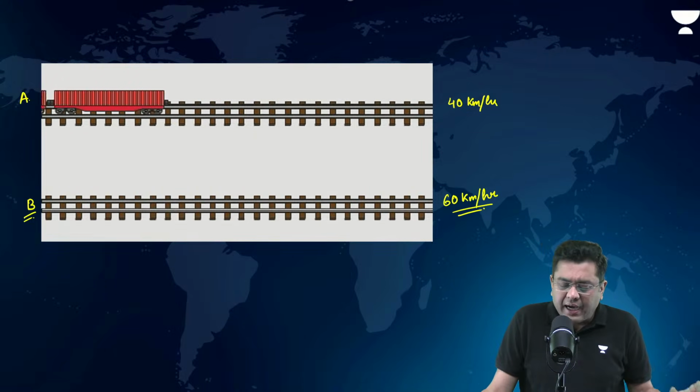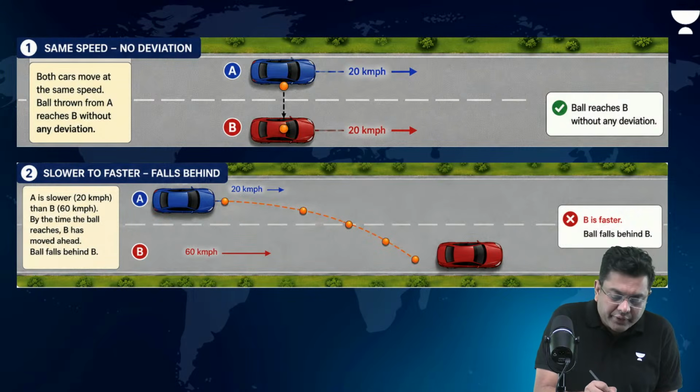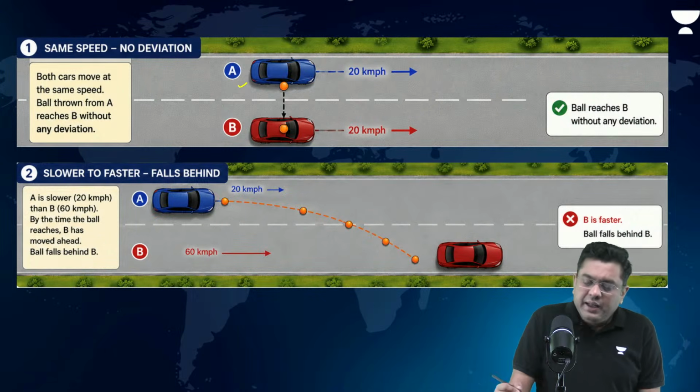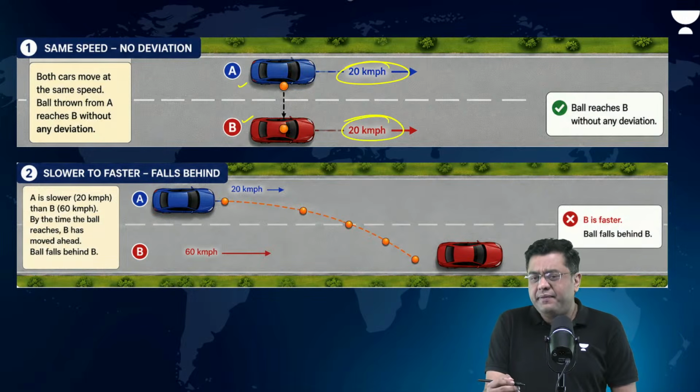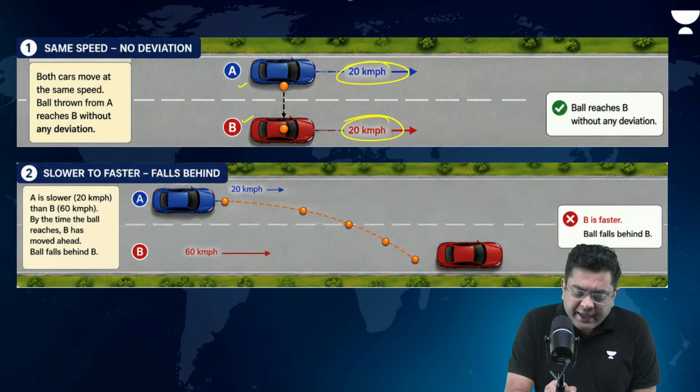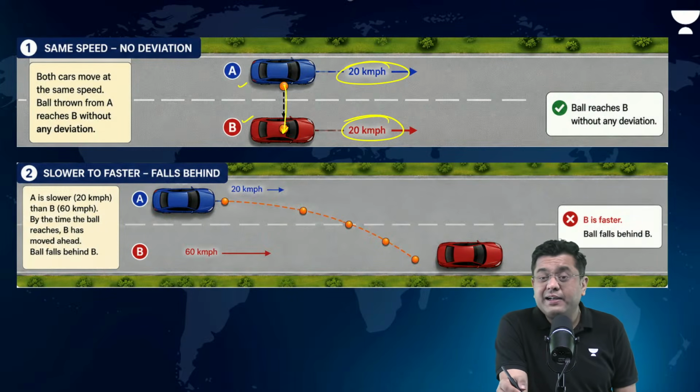So, here we take the car example. First of all, if you have two cars, let's assume both of them are moving at the same speed, 20 kilometer per hour. Someone from car A throws a ball. It will reach and will be caught by the person at car B. Oftentimes, when you drive on the road, you would have seen, you would also have done that maybe.